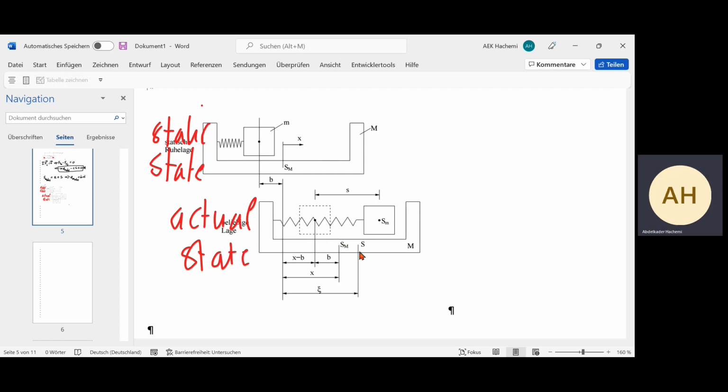Then the gravity center of the whole system, capital M and small m, will be S, and this has moved with what I call Xi. This will be the absolute one, which is decomposed between the frame x and s.